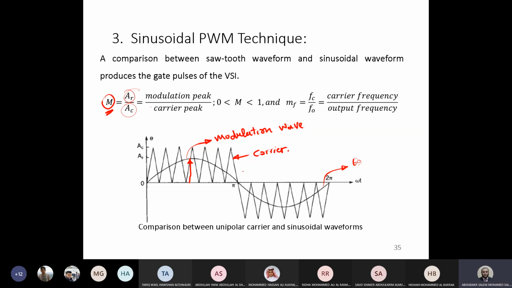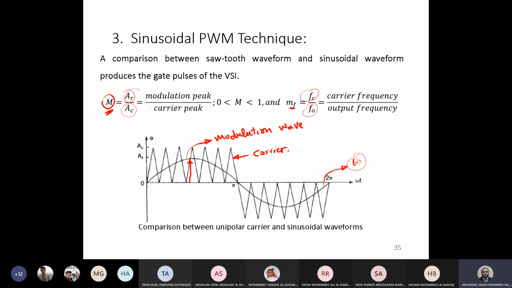So now we have another important factor called MF, or frequency ratio. Frequency ratio is the ratio between carrier frequency and output frequency. Output frequency, for instance, is 60 hertz here. Carrier frequency should be a multiple of these 60 hertz. So what do you think?